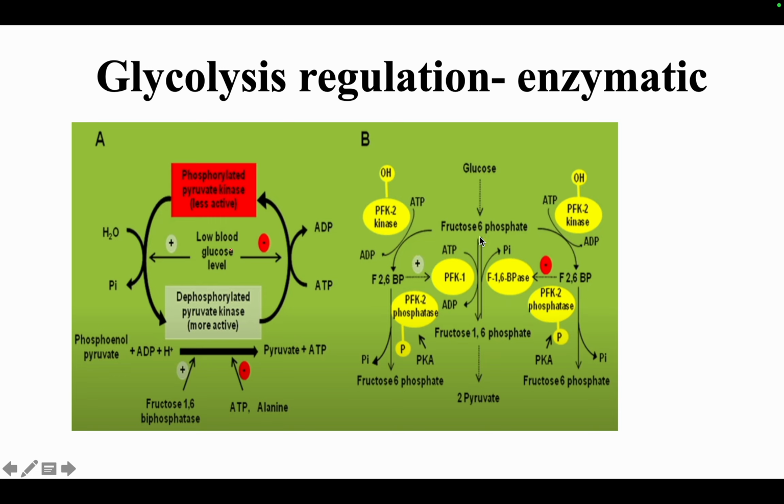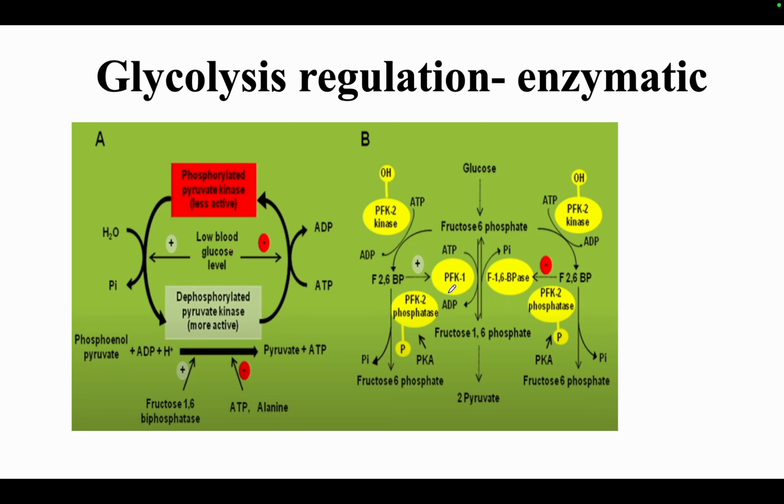Phosphofructokinase 1, what does it do? It converts fructose 6 phosphate to fructose 1,6 bisphosphate. And this bisphosphatase will remove the phosphate group, right? So this is the reaction.